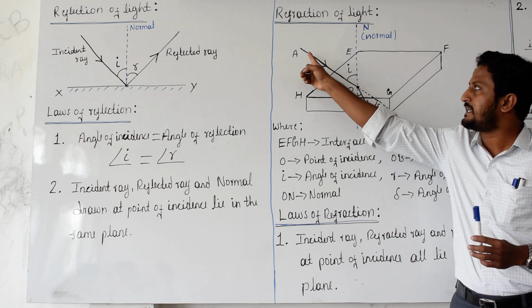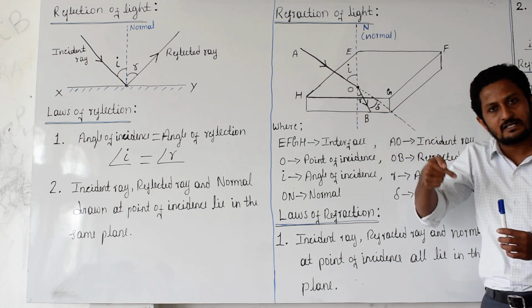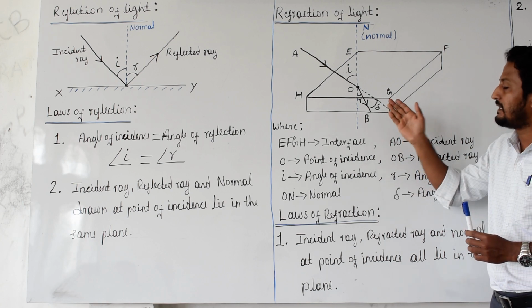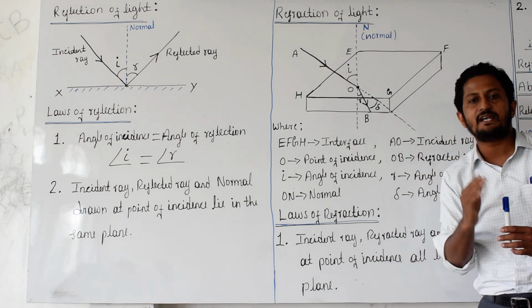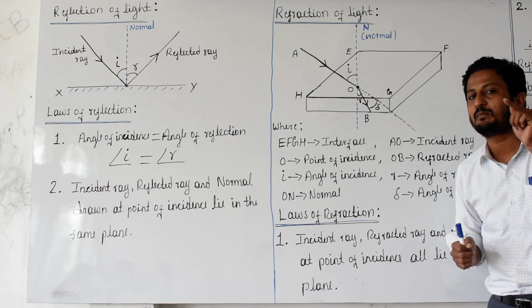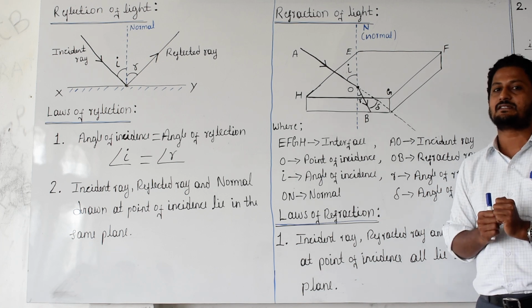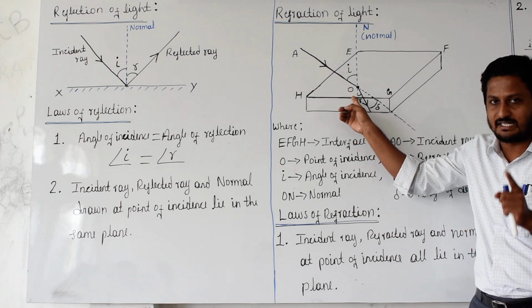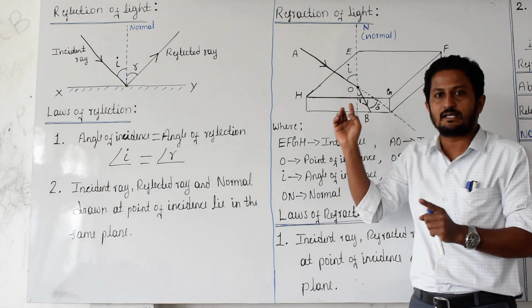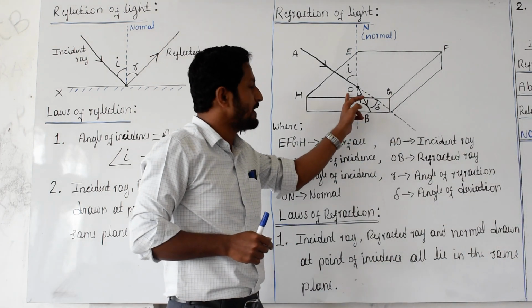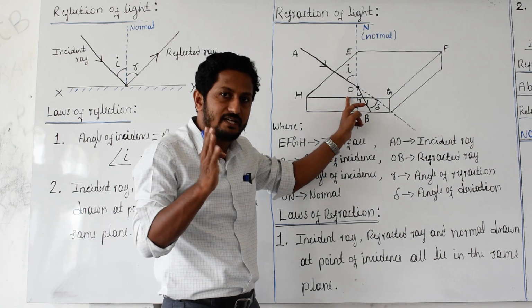When the light AO enters the glass slab, it bends towards the normal drawn at the point of incidence. You see here, AO is the incident light ray, and O is the point of incidence.